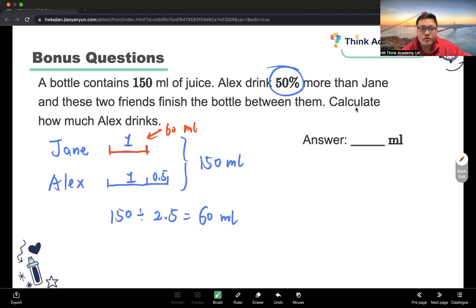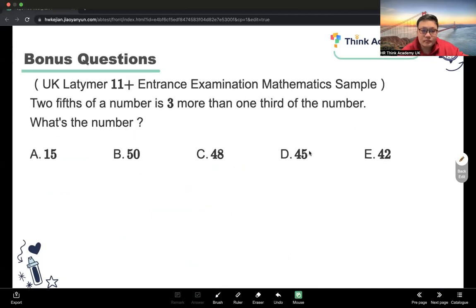Means Jane will drink 60 milliliters of the juice. And for Alex, you could use 150 take away that 60 milliliters, which gives you 90. And that will be the answer to this question. 90.